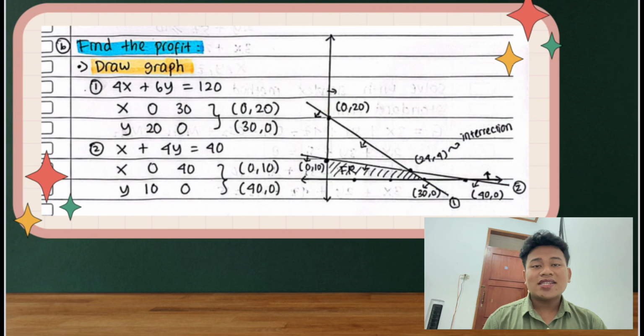Then suppose x is 0 and y is 0, that we get the points (0, 20) and (30, 0), as well as the second equation x plus 4y is equal to 40. With the same treatment, we suppose x is 0 and y is 0, and then we get (0, 10) and (40, 0). Then draw the graph from the points that we have found.